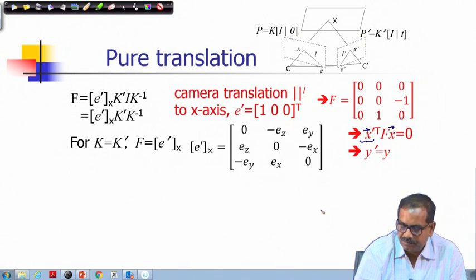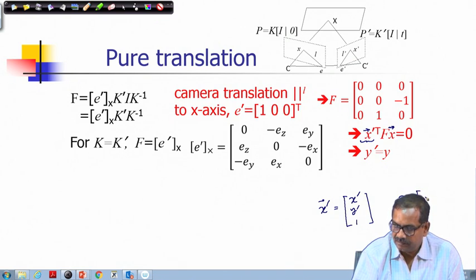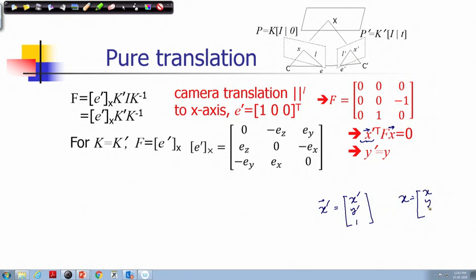In my representation, for example, these points are x prime, y prime, 1. So, please note that this is a vector, these are the scalar values, and x is given by x, y, 1.